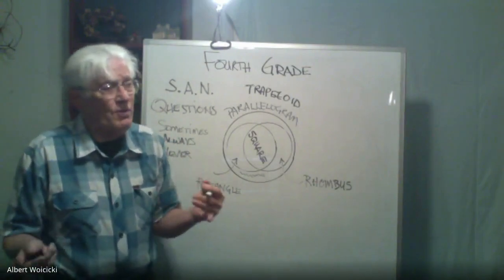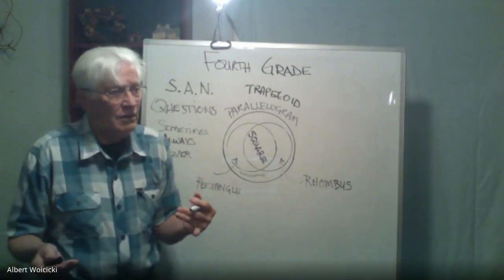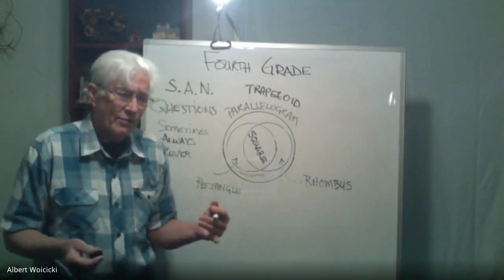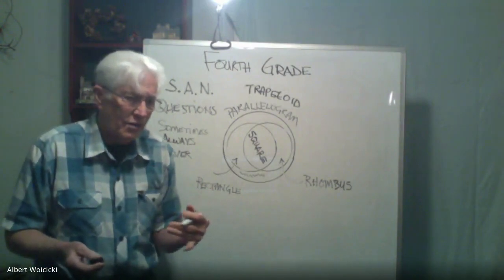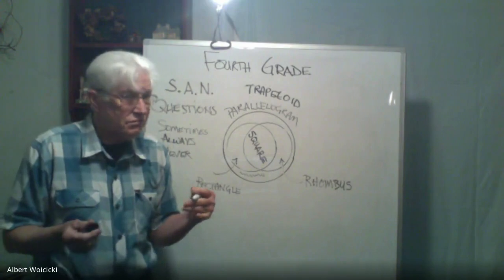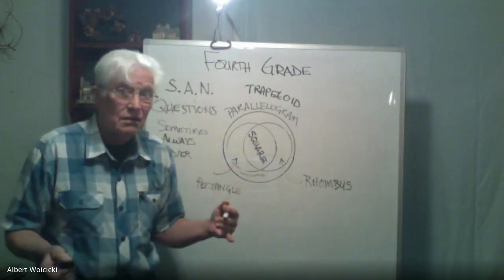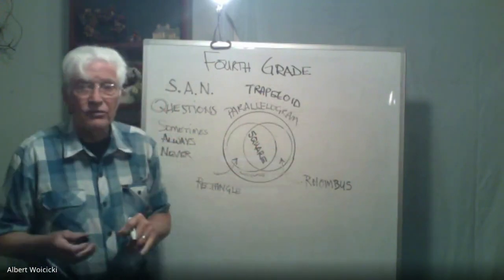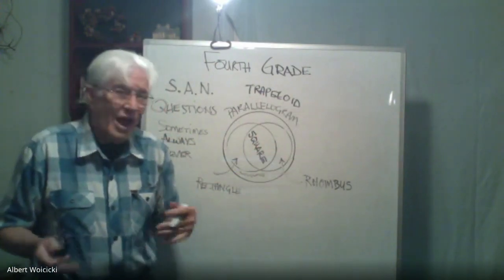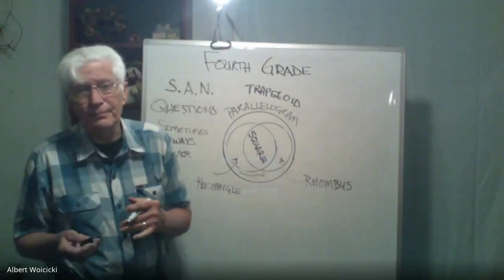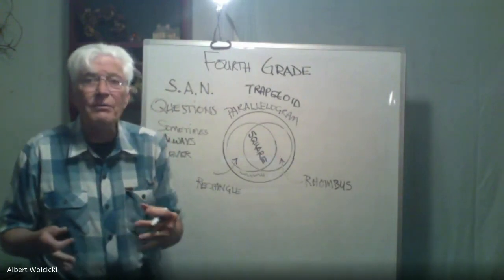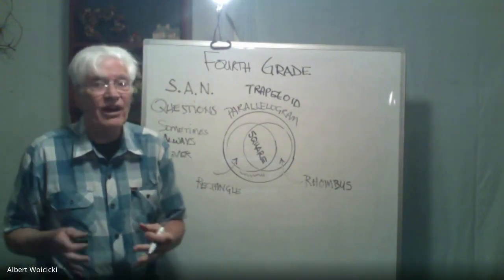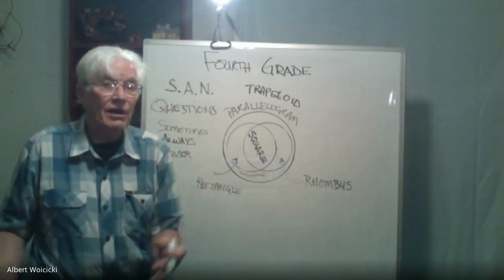Well, if it has two pairs of parallel sides, does it have one pair of parallel sides? Well, yeah, it's inside the field of trapezoids. But a trapezoid's not a parallelogram. It sometimes is a parallelogram when it has another set of parallel sides.